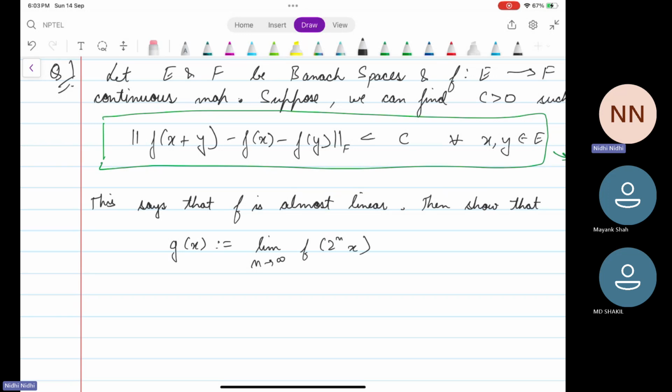We are multiplying the scalar with the vector x, then operating f over it, and dividing by 2^n. And this is for every x in E.